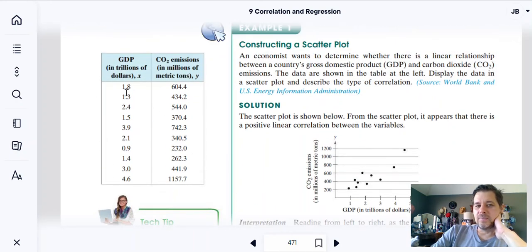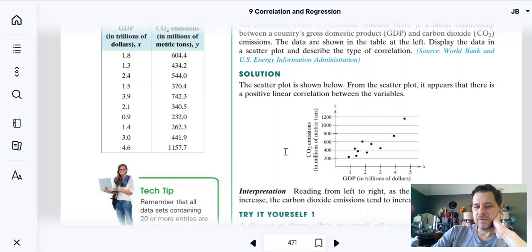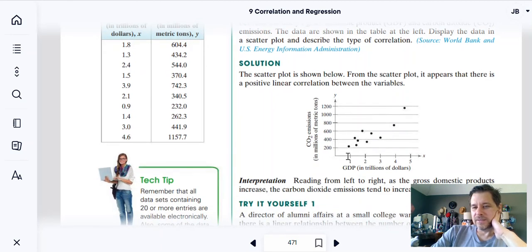Where the GDP is 0.9 and the CO2 emissions are about 232. See this point right here? It's just left of 1. That's why I think it's probably 0.9. And then vertically, it's just above 200, where the Y value is 232. But all these other dots represent each of these data points. That's what a scatter plot is, okay?